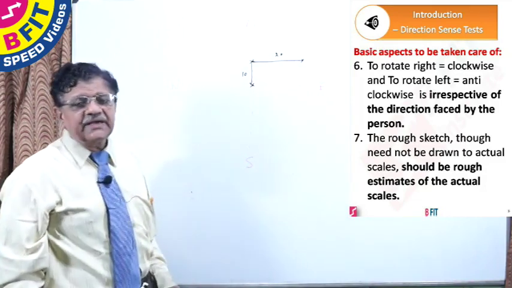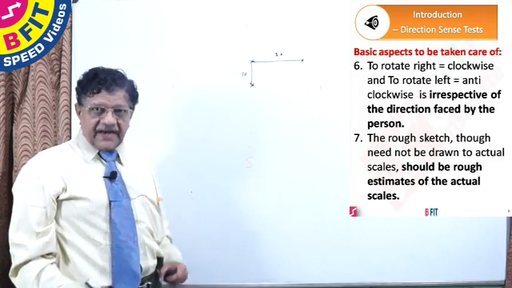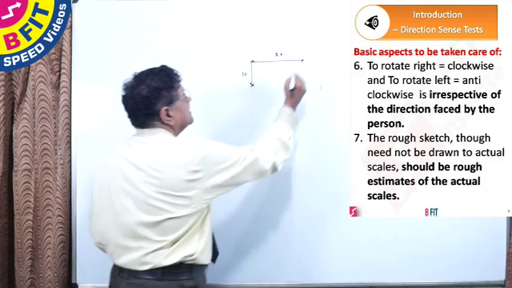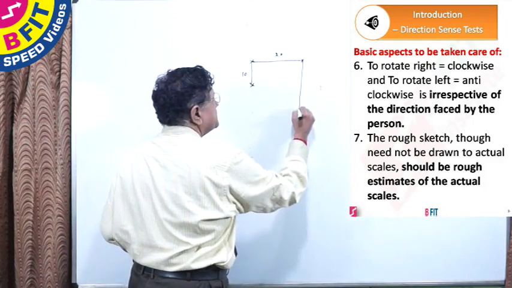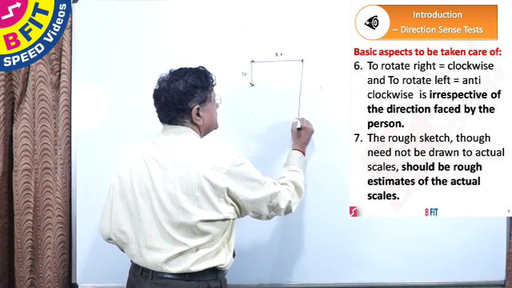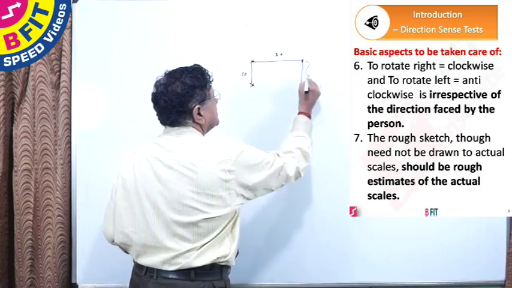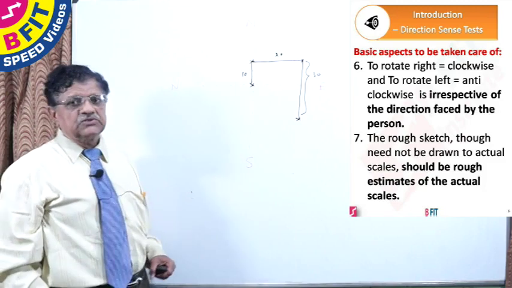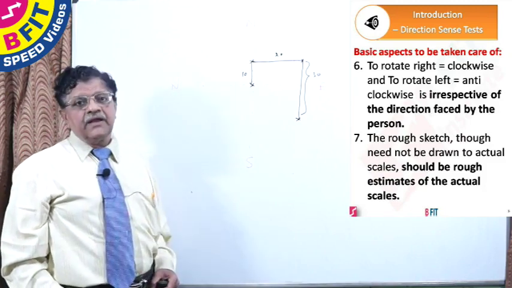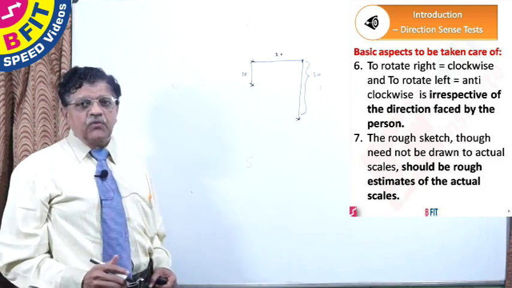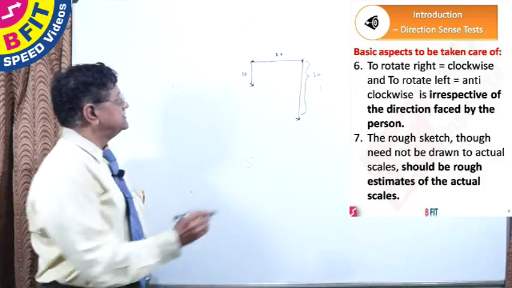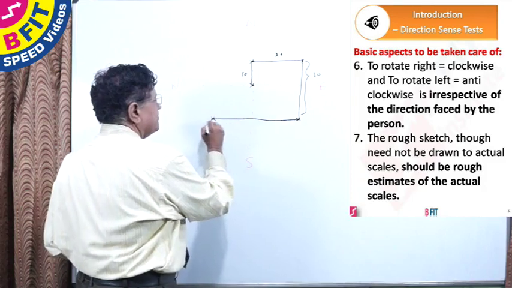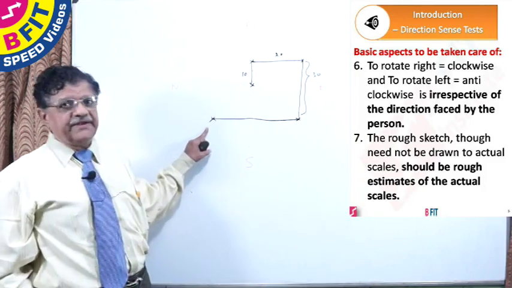At this point, he takes a right turn and walks 30 meters. This is 30 meters. And then he takes another right turn and walks 40 meters. He reaches this point.